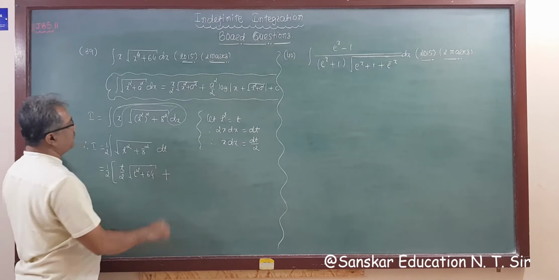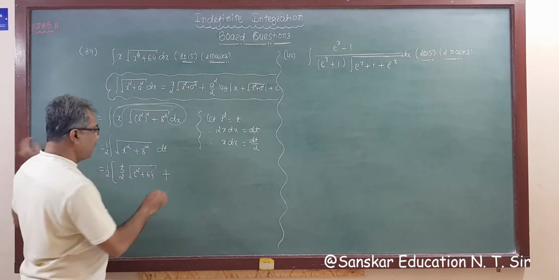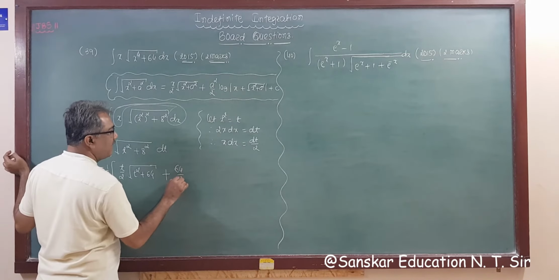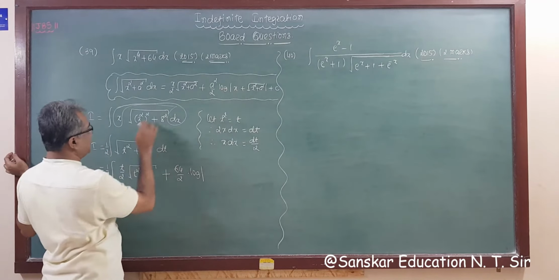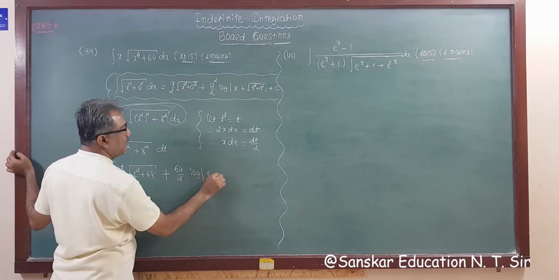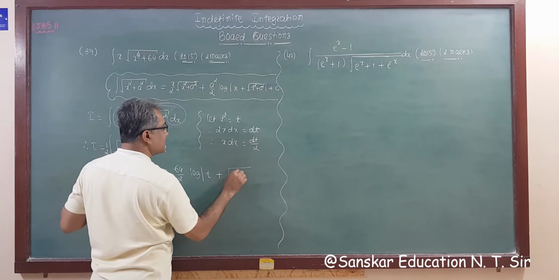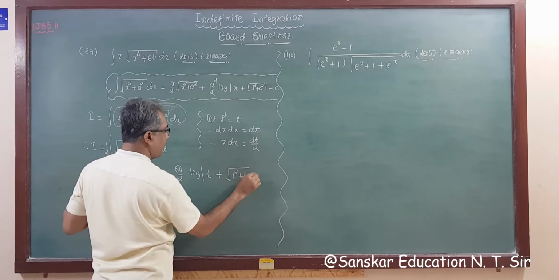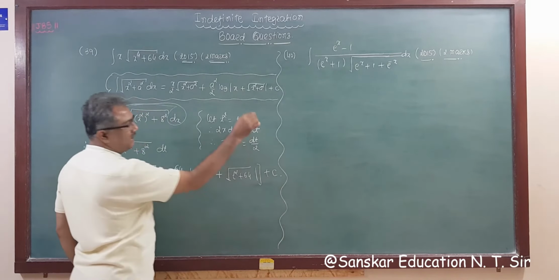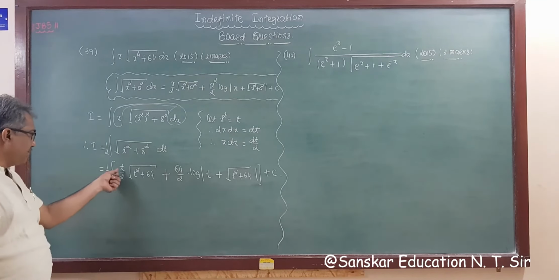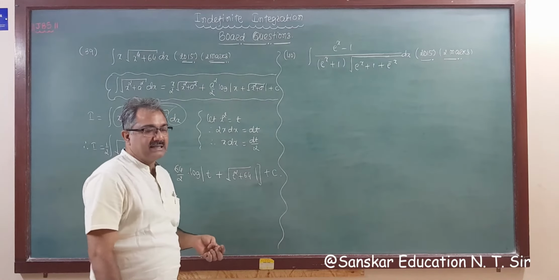Plus a square by 2, a square is 8 square, that is 64 divided by 2, into log mod x, x is t, so t plus under root t square plus 64, bracket over, and plus c. This is your answer. Now substituting the value of t, you will get your answer.